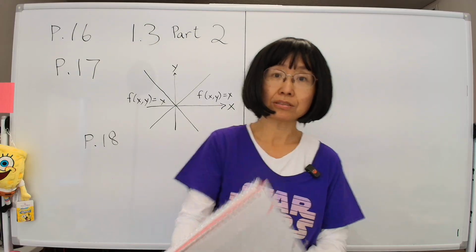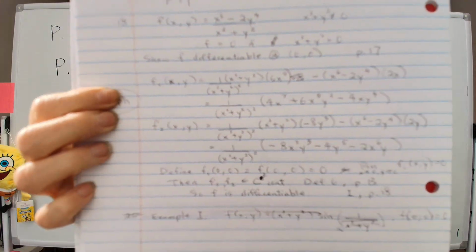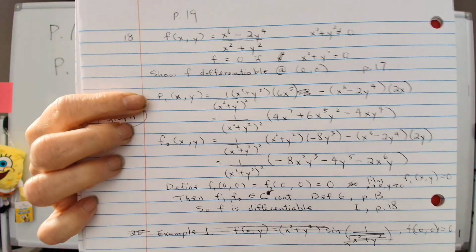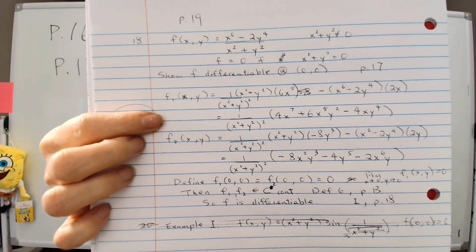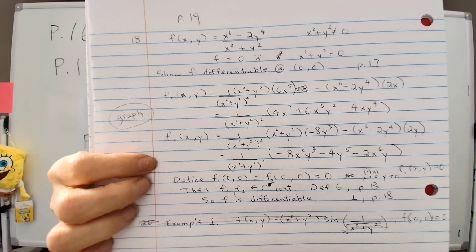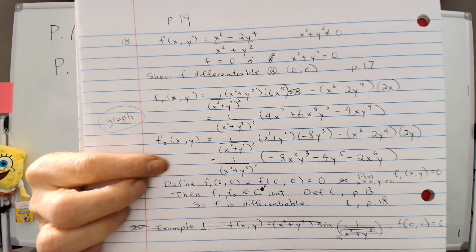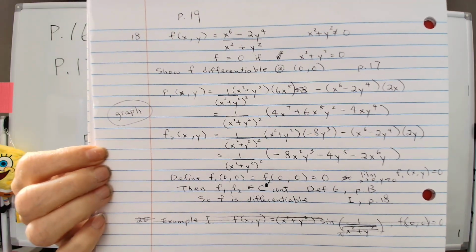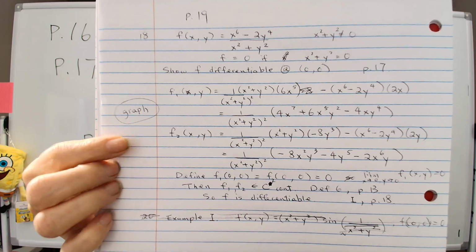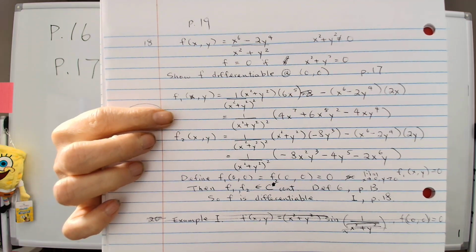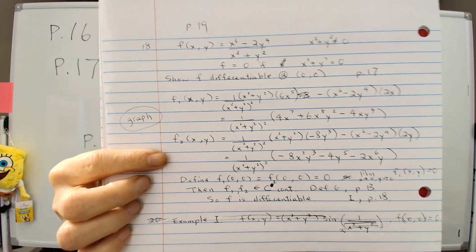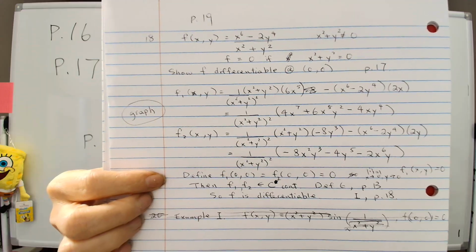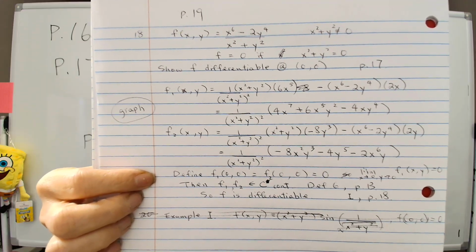To do that, of course, first we have to take the partial derivatives before we do anything else. So here are the partial derivatives, which are slightly annoying to do. There's a lot of stuff, but eventually you get something like this. Once we have that, the next question is that the derivatives are not defined at 0 either, right? So what we're going to do is define the derivatives to be 0.